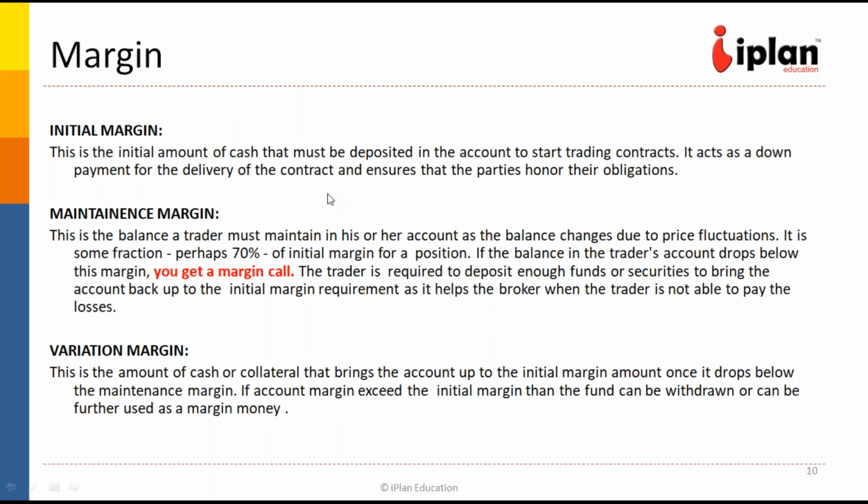And maintenance margin is basically a margin level you need to maintain to carry on the trade, because the price changes on a daily basis, or in fact every second. There are chances that after you buy the contract the price may fall, and you may incur losses, and losses could be more than your initial margin.